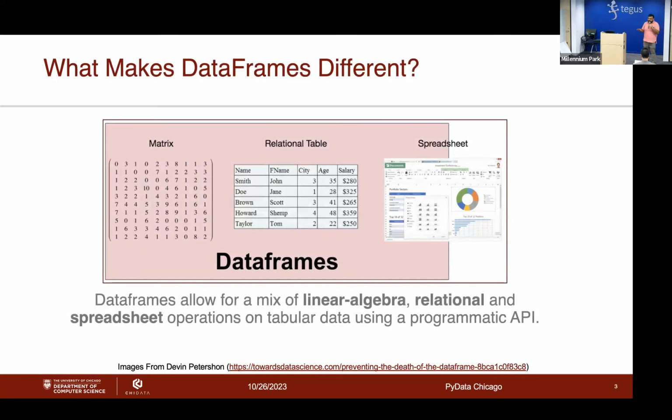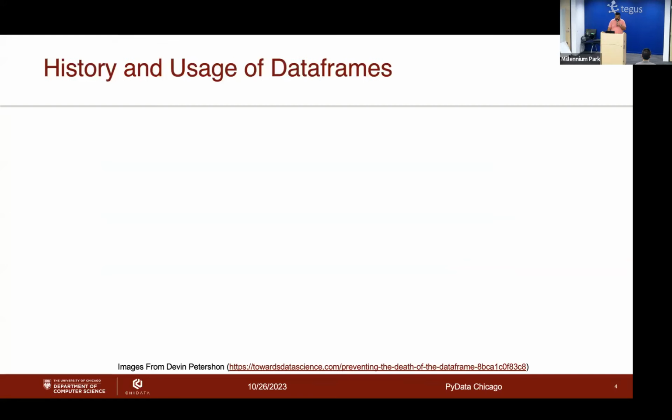You can represent things like matrices or relational tables or spreadsheet data in a data frame object, and it allows you to issue queries that usually you can express in SQL, but there are also operations that are not as easy to do in SQL, like pivots, for example, which are easy for spreadsheets to do. But in the process of preparing data for machine learning pipelines, people find tools like pandas to be much more useful to operate with these data frames.